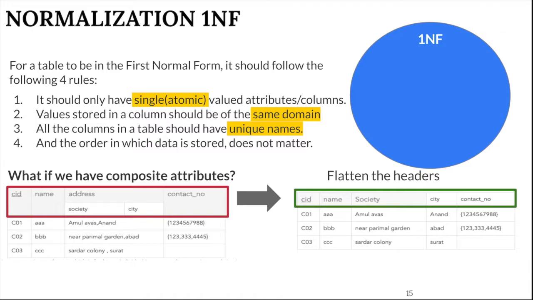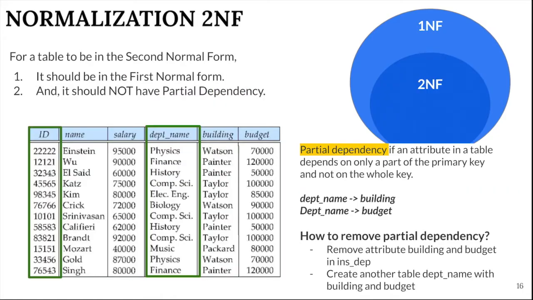So, what if we have a composite attribute, like yung address niya, may certain subcategorization like the city, society, etc. What you need to do is to flatten the headers such that unique pa rin yung names ng attributes, and then yung domain ng bawat column should be equivalent. So, you just need to flatten the headers if you have a composite attribute so that maging first normal form.